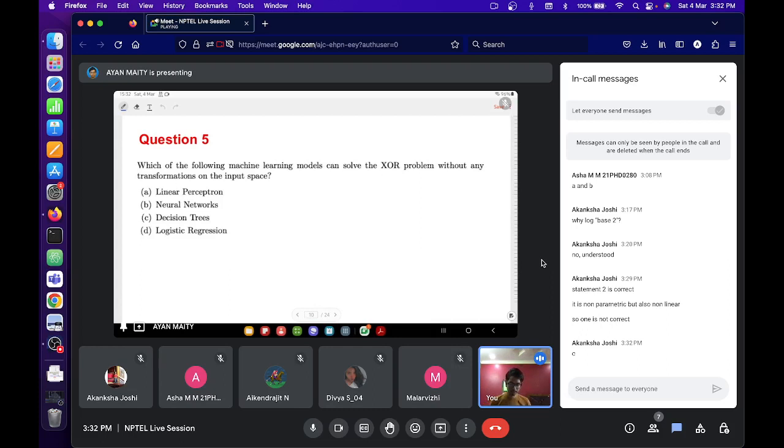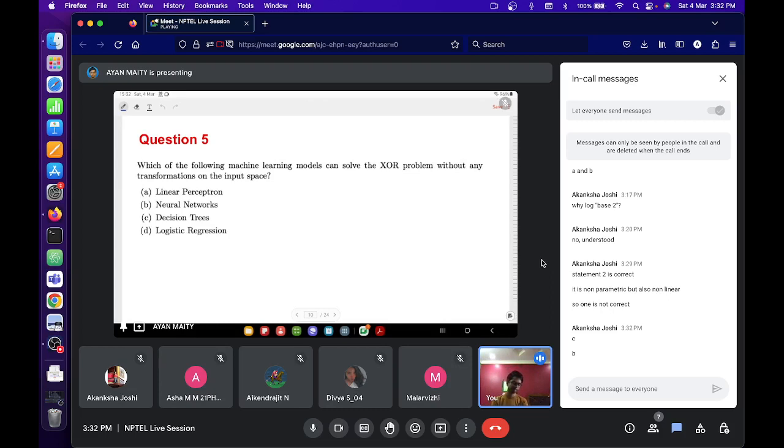Akanksha has written C, which is decision tree. Any other answers? Akanksha has written B also. So B and C, neural networks and decision trees. Anyone else? Any other correct answers here?